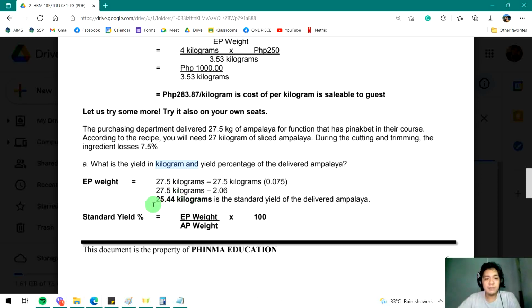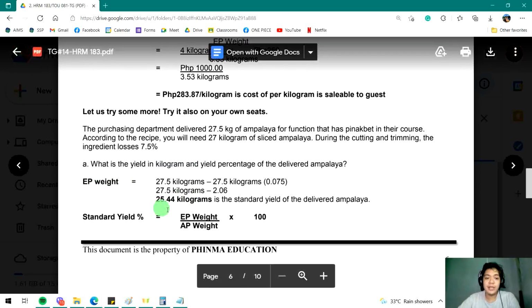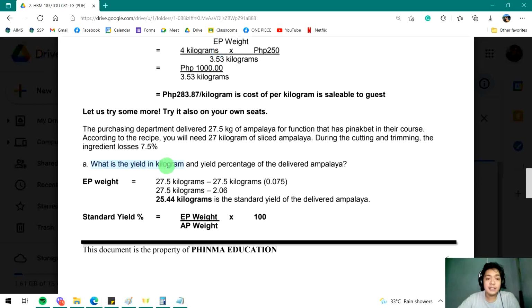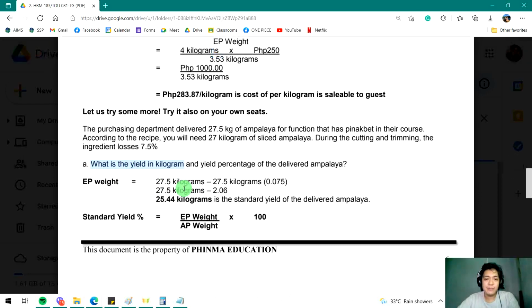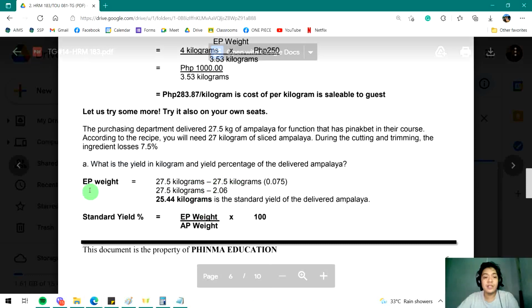So, ang kukunin natin muna is of course yung EP weight. Kasi tinatanong sa atin, what is the yield in kilogram? Ibig sabihin is EP weight. Kasi di ba nga sabi natin kanina, EP weight and standard yield almost the same. Identical naman din siya, yung dalawang terms na yon. So the first thing that we have to do is to look for the EP weight.